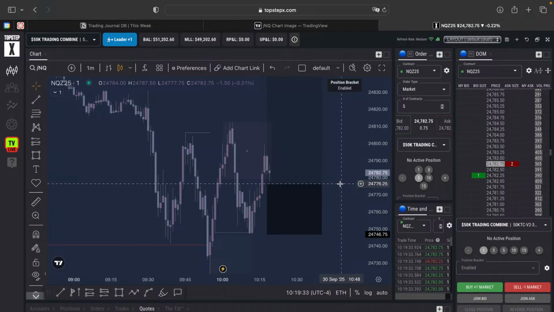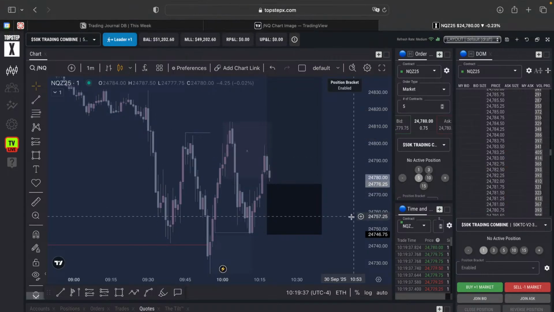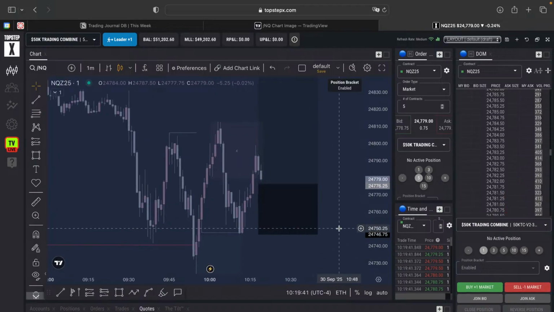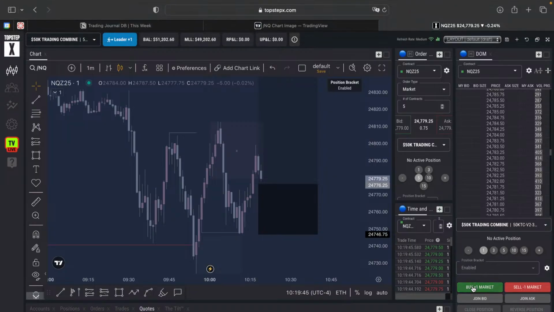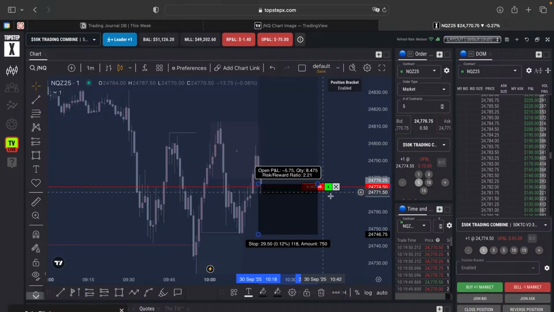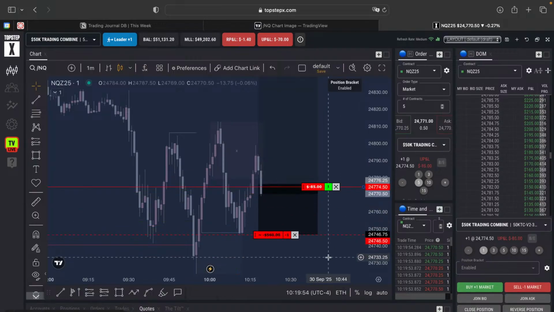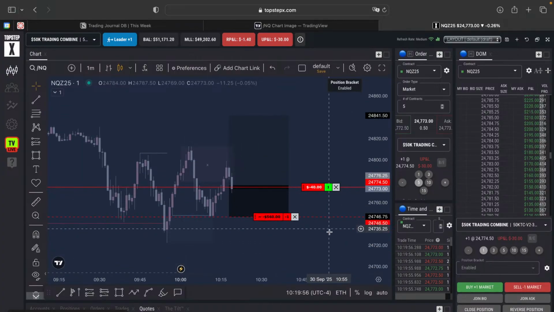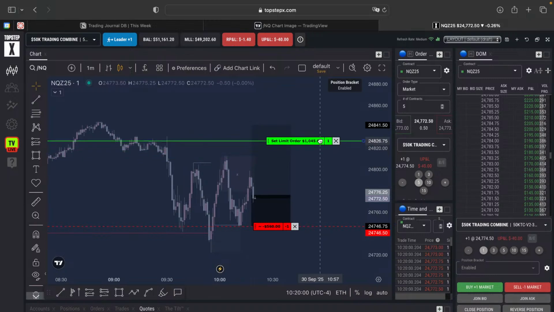Doesn't quite come to my entries. Looking to push down. All right, here we go, guys. So took it off the market execution. Let's see what happens now. It came back to my zone.